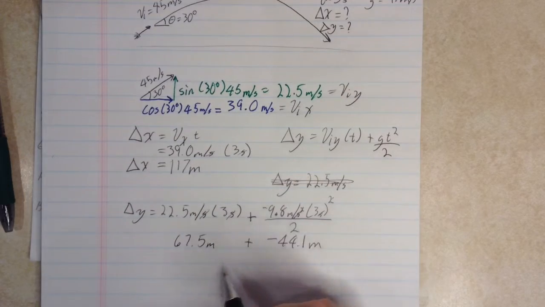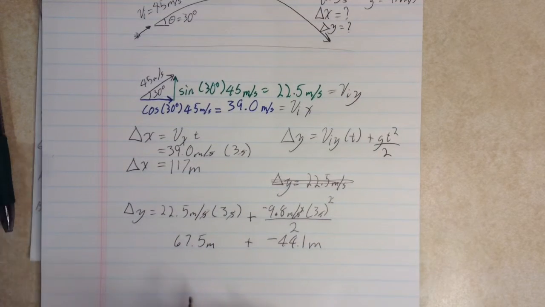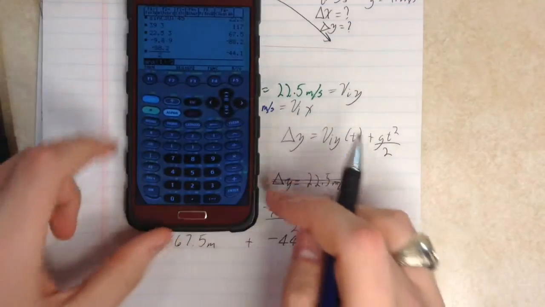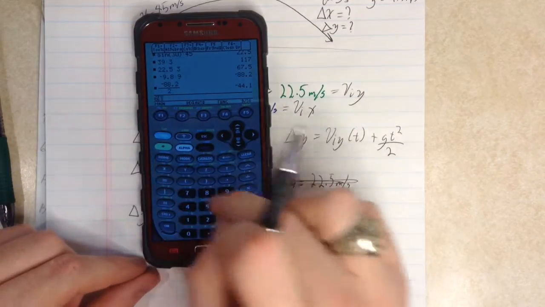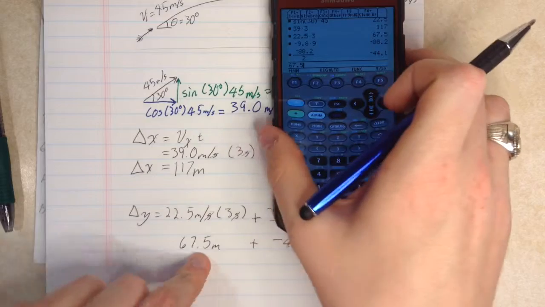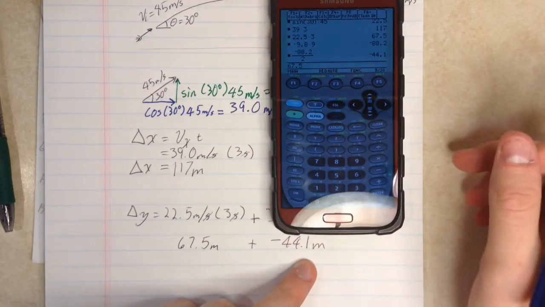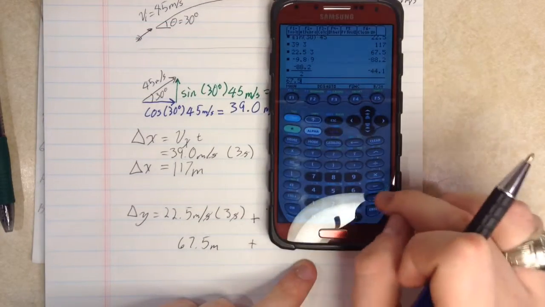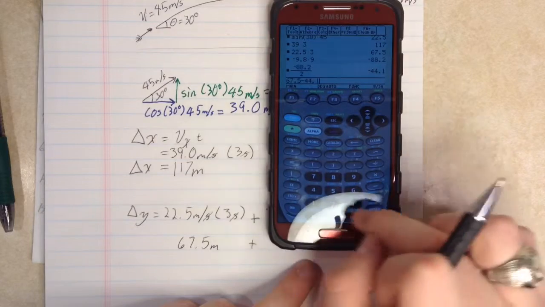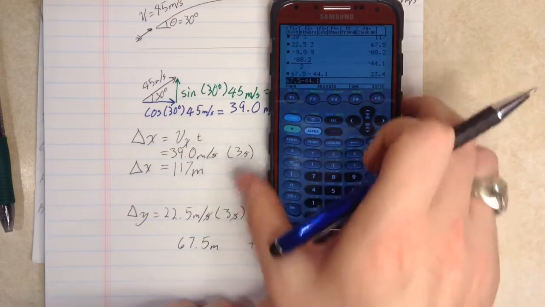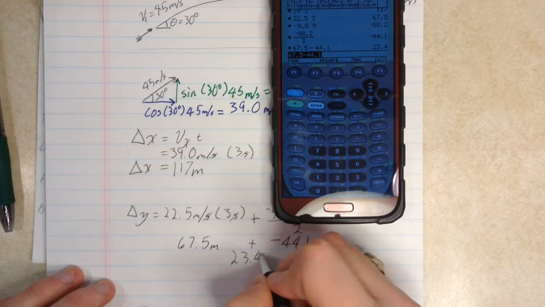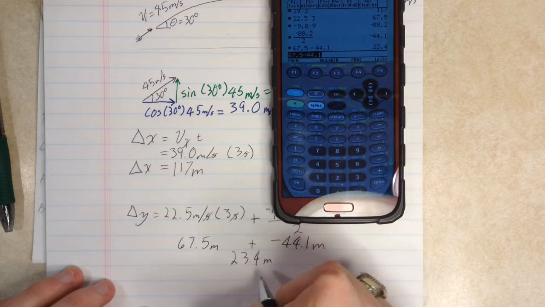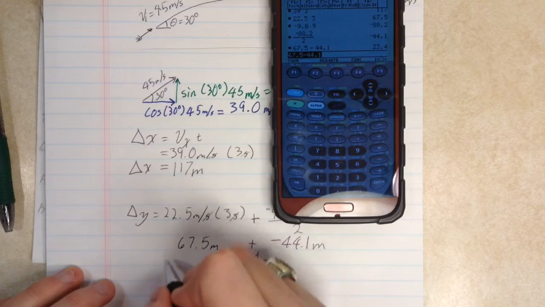So now we just need to add these two up. So 67.5 minus 44.1, we can go ahead and do that. 67.5 right here, minus our 44.1, and that is 23.4 meters.